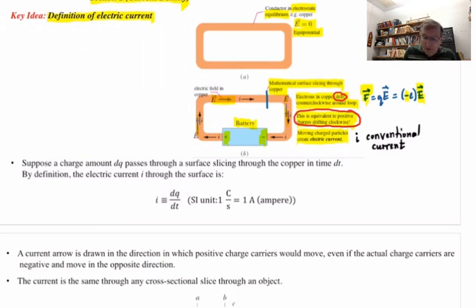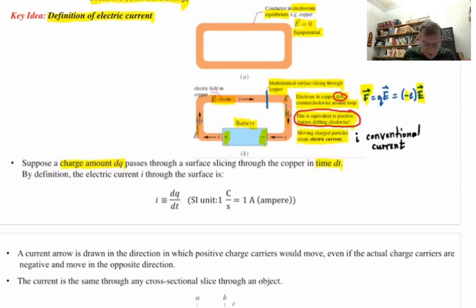And now what I want to do is count the total amount of charge that passes through that surface, positive charge, in a given amount of time. And here's how we're going to think about it. We're going to watch for a tiny amount of time dt, and we're going to count the total amount of charge, and we'll call it dq, that passes through that surface in the time dt.